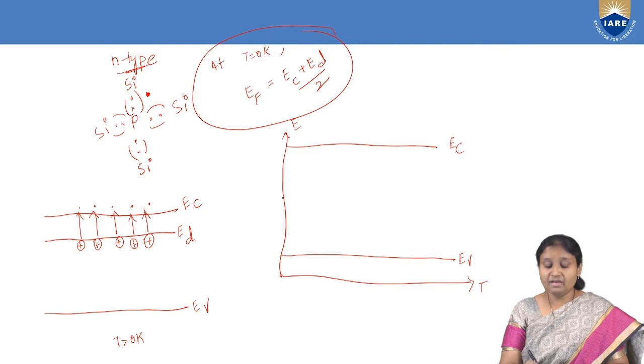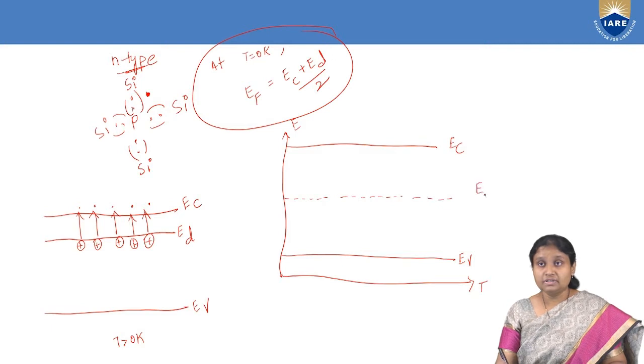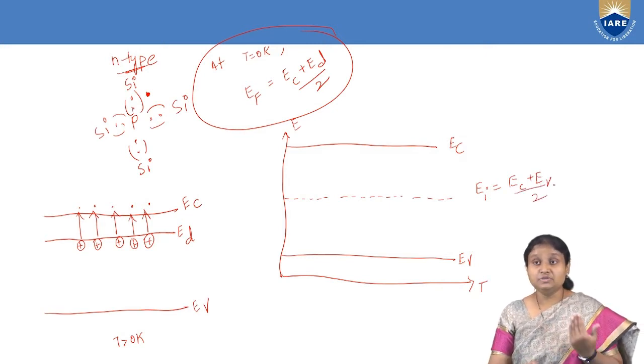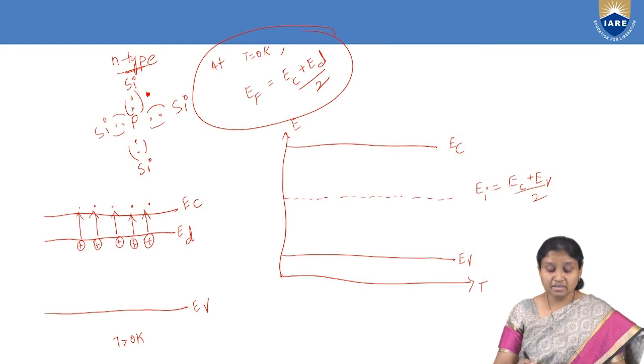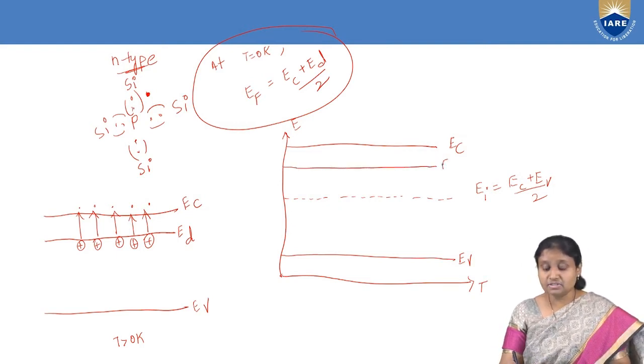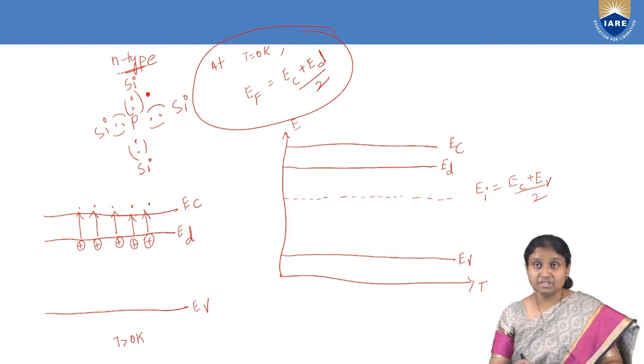And we have our intrinsic semiconductor level, which is in the middle of the conduction band and valence band. EC is the bottommost energy level of the conduction band, and EV is the topmost energy level of the valence band. And then we have one more energy level. What is that energy level? That is the donor energy level, which is the energy level of the fifth electron of the pentavalent impurity.